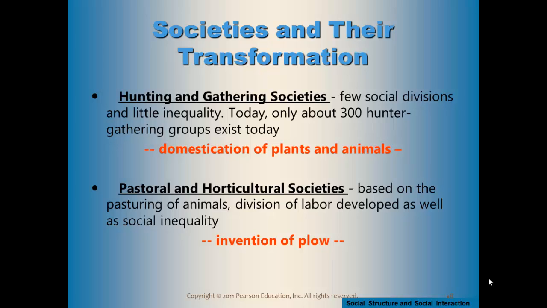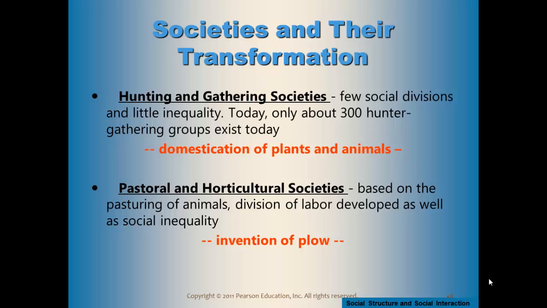The women stayed behind to take care of the children, perhaps gathering berries near wherever the family was living, or whatever leaves they might be able to eat. That's a hunter and gatherer.